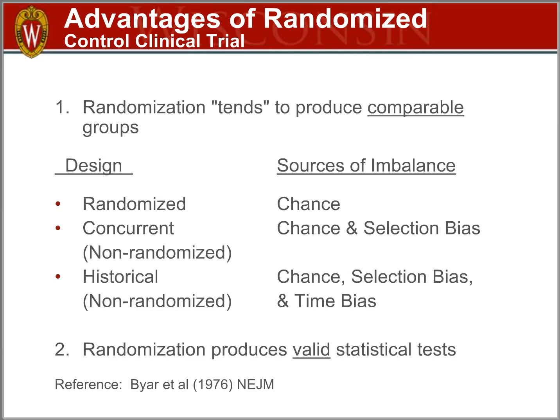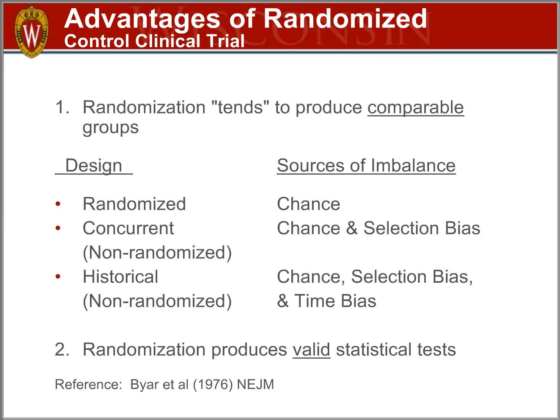In the randomized trial, you're always subject to chance. You can't get away from that. In the concurrent trial, you're subject to chance and selection bias. In the historical control trial, you're subject to chance, selection bias, and time trends or time biases. So the randomized trial gets rid of most of the biases we can think about, and we're left to chance, which we can control to some extent by the size of the study and the design we use.